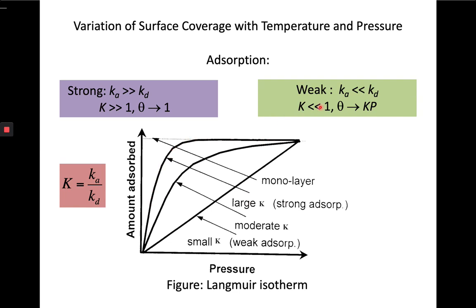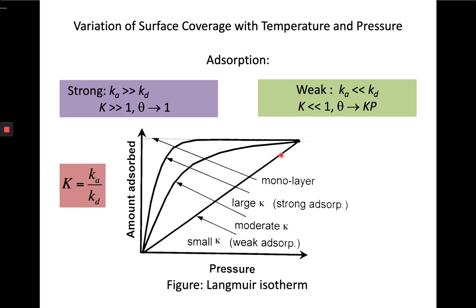Meanwhile, for weak adsorption, Ka is less than Kd. That means K is less than 1 and theta equals Kp. As shown in this figure, for a weak adsorption, theta increases slowly with increased pressure.